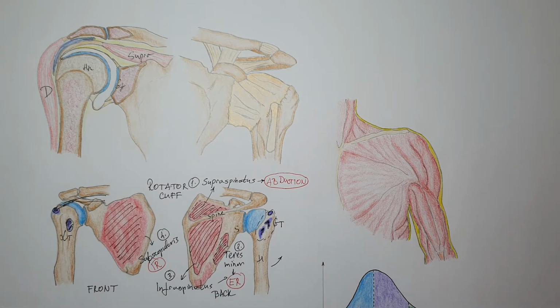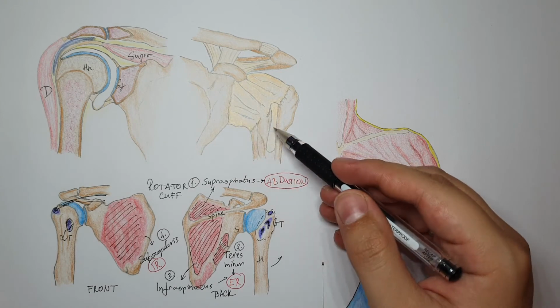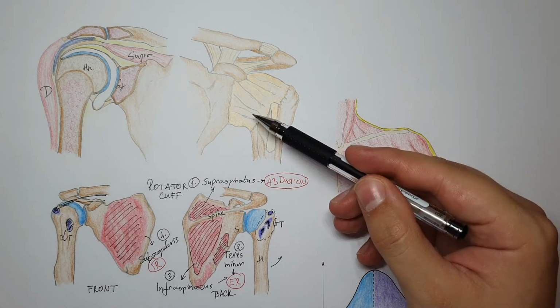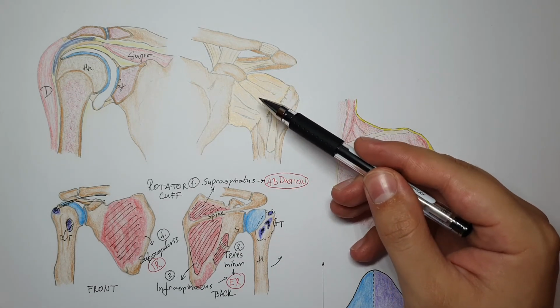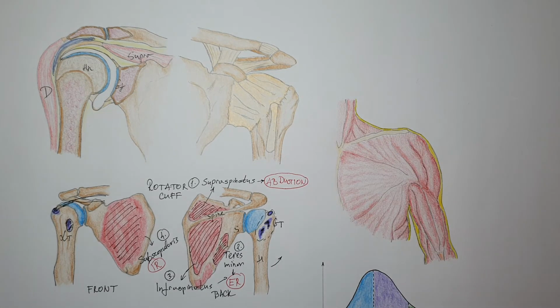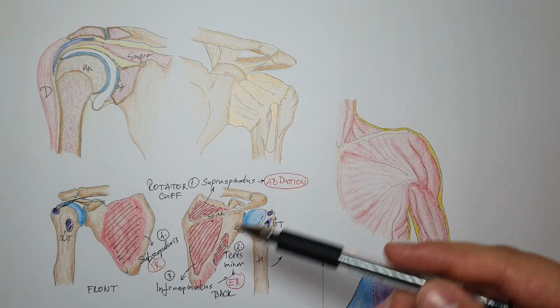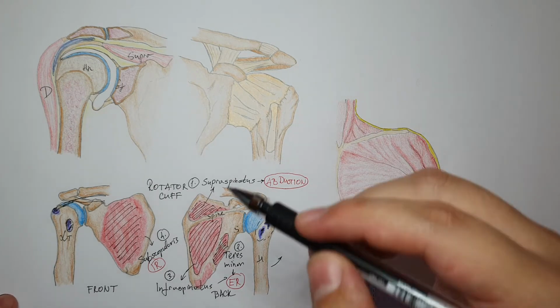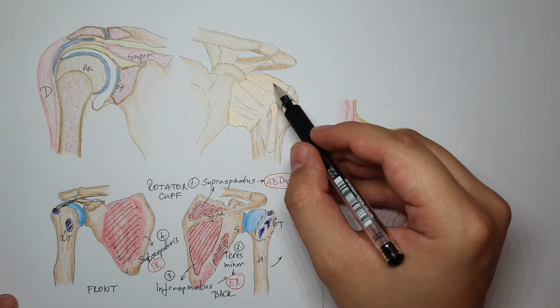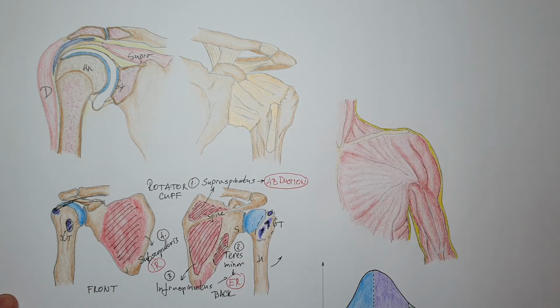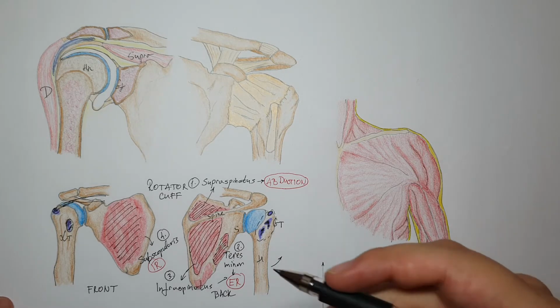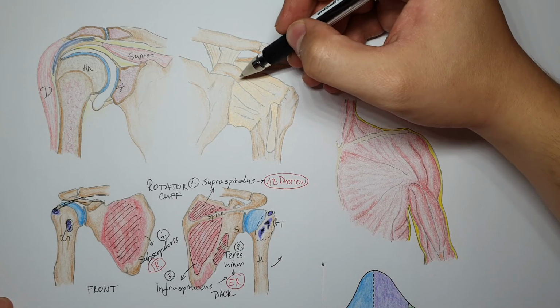One important element that stabilizes the glenohumeral joint, so the shoulder joint, is the joint capsule and the ligaments involved in it. So here is the shoulder joint with some other ligaments, and we see that here we have the joint capsule. The important ligaments for the pathology of frozen shoulder is a ligament that is going from the scapula.